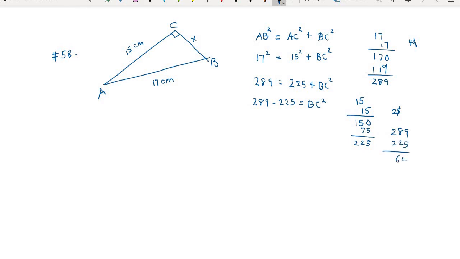That gives us 64. So 64 will be BC square. So therefore BC will be the square root of 64. And we know that will be 8. So BC will be a length of 8 centimeters.